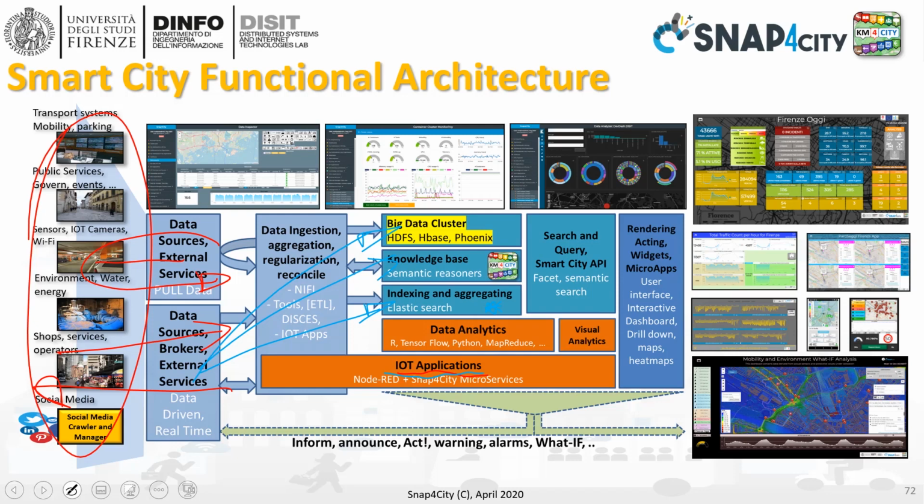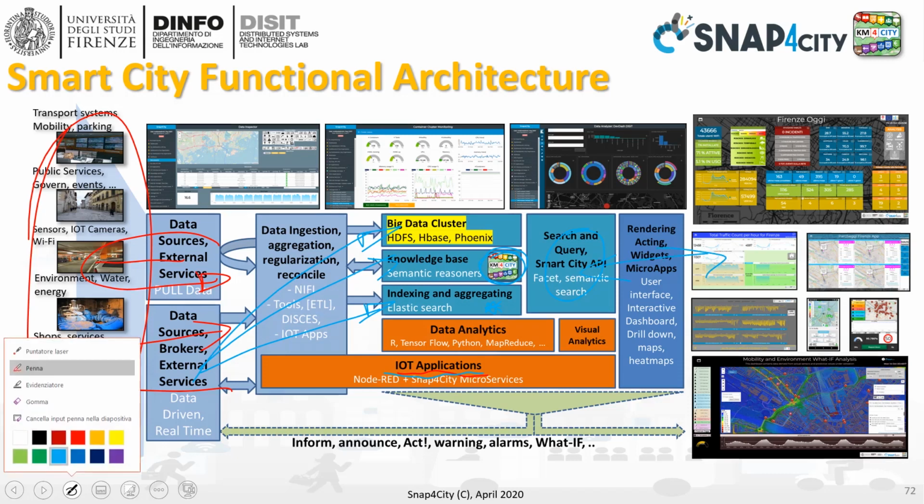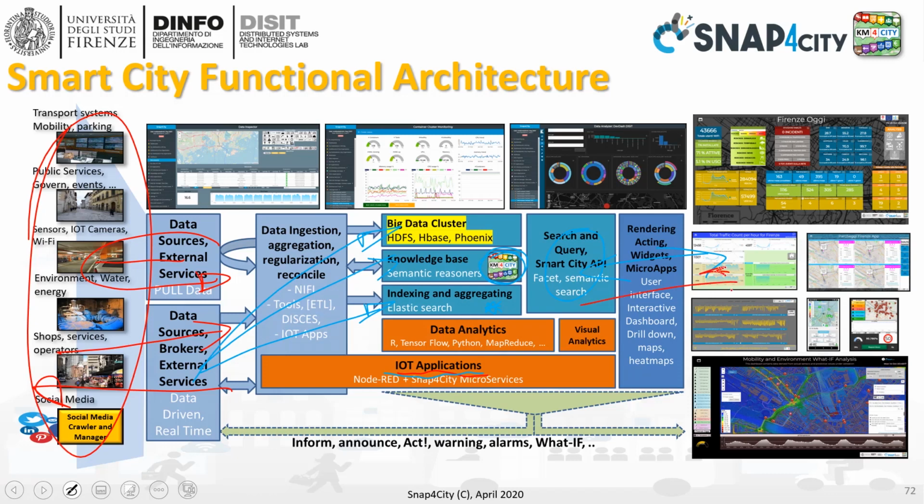So the storage collects all the data, and the index is performed semantically inside the knowledge base, and this allows you to perform semantic queries. Semantic queries and Smart City APIs are available for all the dashboards you may have here, and also for the IoT applications that you can realize exploiting the data.